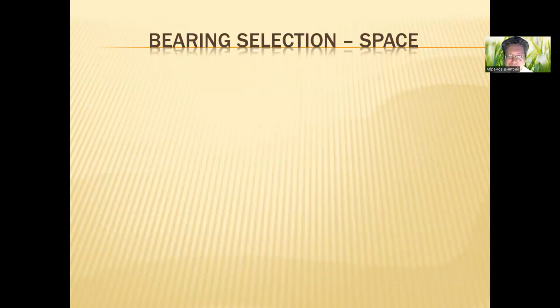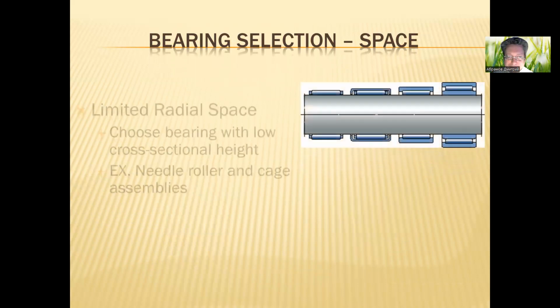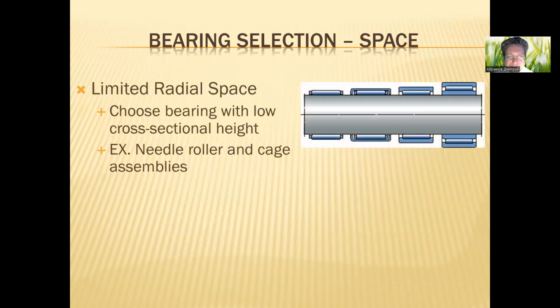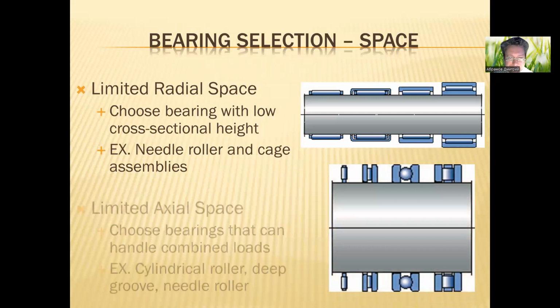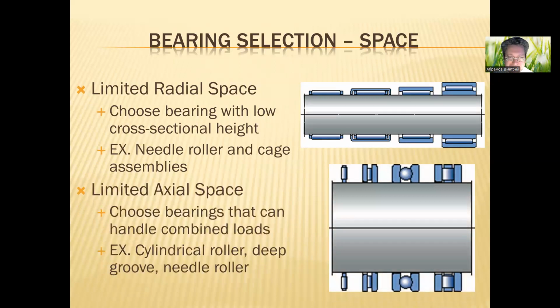Bearing selection: space. Limited radial space. Choose bearing with low cross-sectional height. X-needle roller and cage assemblies. Limited axial space.